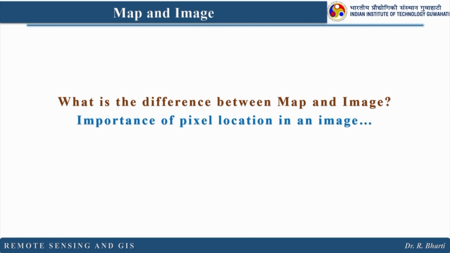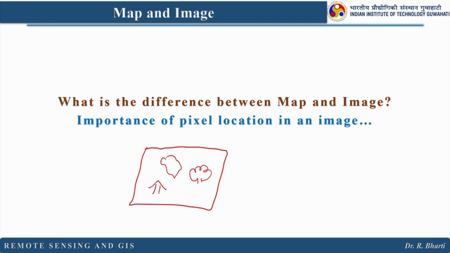You might have seen a normal image where, suppose there is a tree, there is a house and there are some water bodies, which is the actual representation of the ground. But what happens if there is a problem?